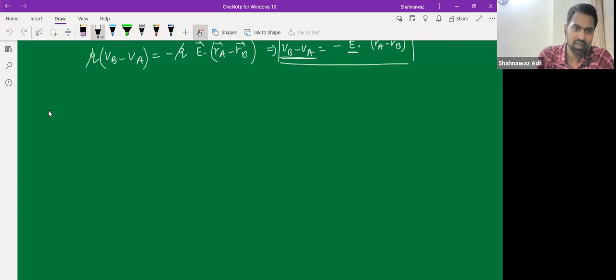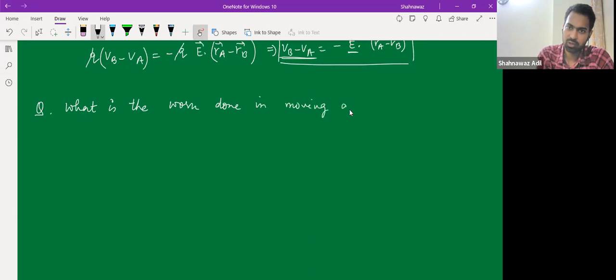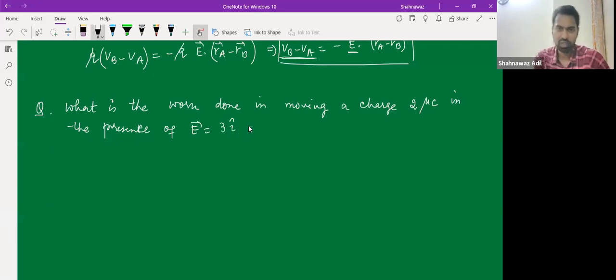Let's say what is the work done in moving a charge of 2 microcoulomb in the presence of an electric field which is 3I Newton per coulomb?